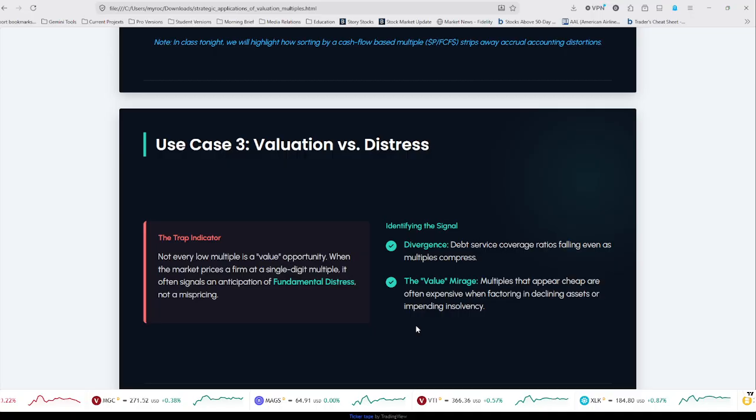When the market is pricing a company at a single digit multiple, it often signals an anticipation of fundamental distress, not a mispricing.